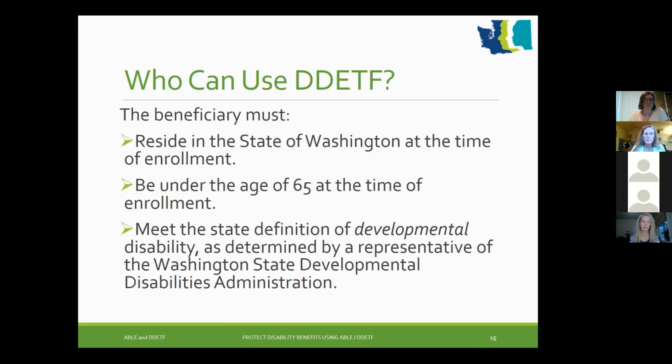So somewhere in your packet, there was a determination made that essentially determined your child or the loved one of your family is eligible for DDA services. That's what we're looking for, somebody from DDA making that determination, because I can't do that. Again, you can start it as a resident of Washington State, but then you can continue to use either of these two programs if you leave the state, live with other family members or whatnot.